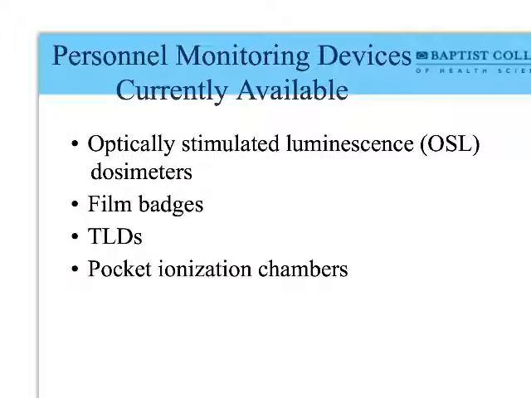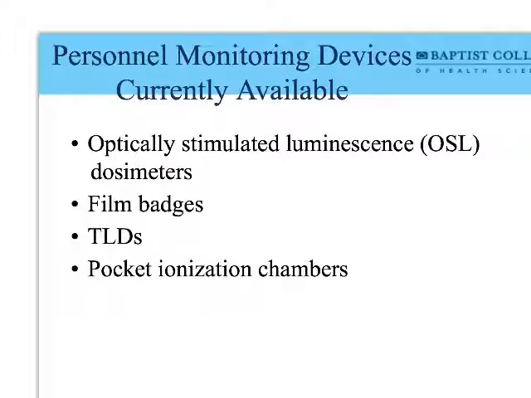We might also use TLDs, which are thermoluminescent dosimeters. Those are used primarily in the form of ring badges that the nuclear medicine technologists wear. Their ring badges are TLDs. They're very similar to these in that they're exposed to radiation. A crystal traps that exposure, and then the material is heated.